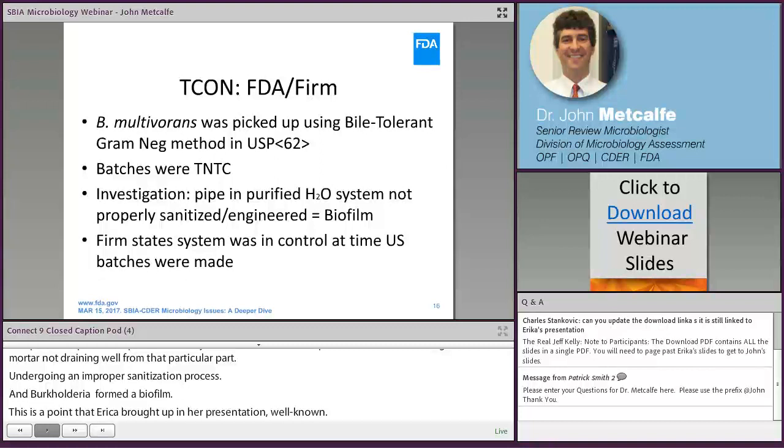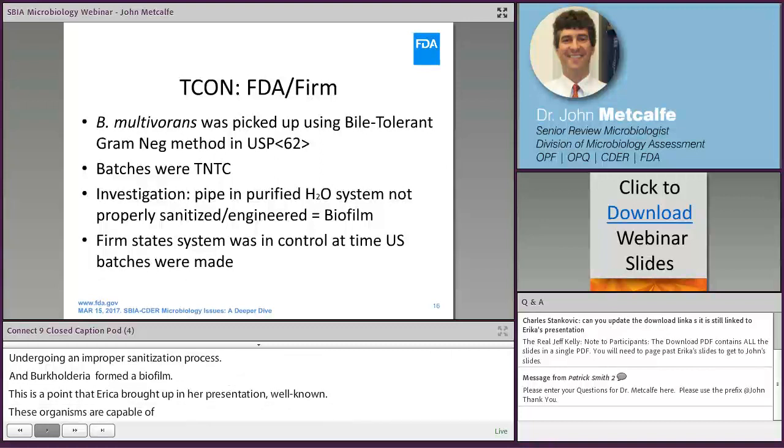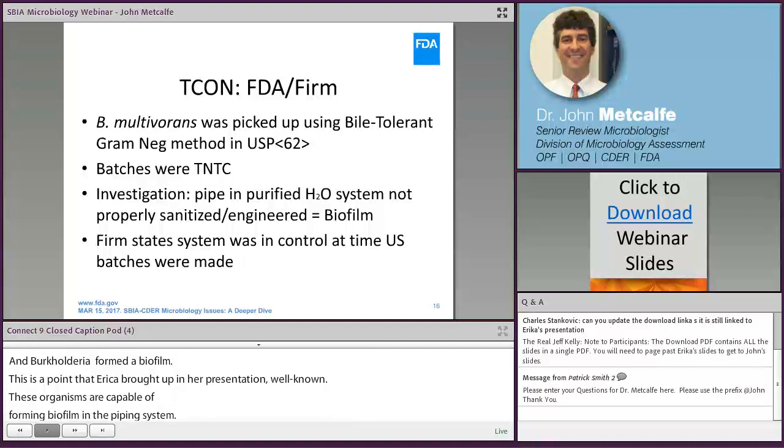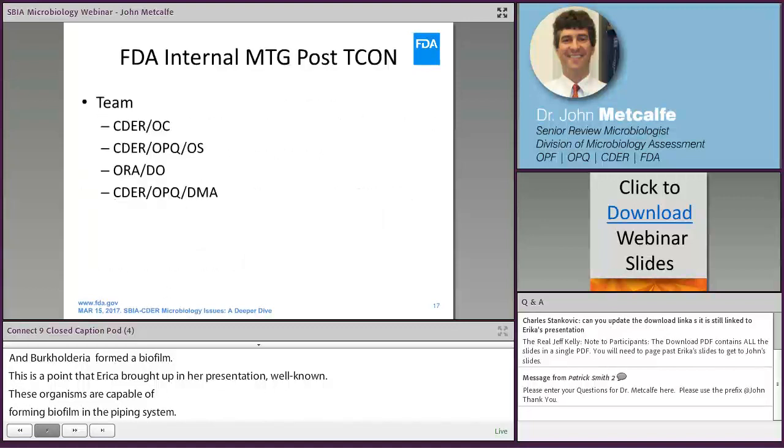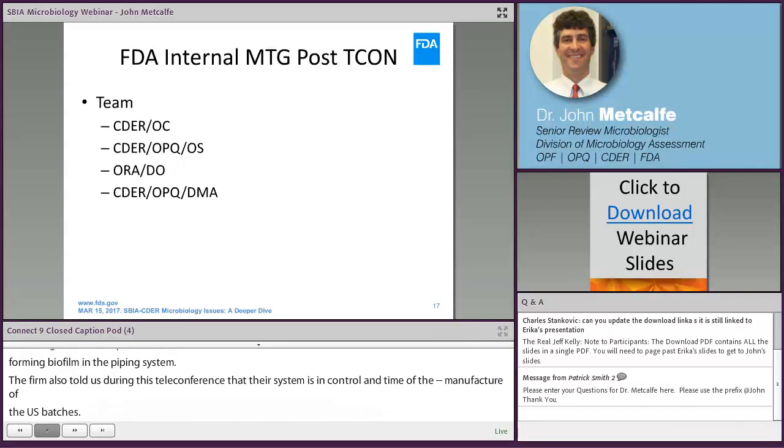The firm also told us during this teleconference that their system was in control at the time of the manufacture of the U.S. batches. So immediately after the teleconference, FDA had an internal meeting. And you see here a list of folks from FDA that were part of that meeting.